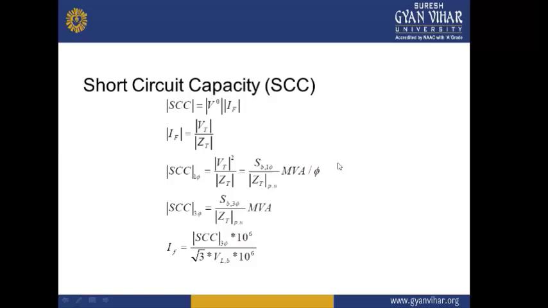Usually, the short circuit capacity is defined by the manufacturer, and with its help we can identify the fault current. Therefore, the fault current would be the three-phase short circuit capacity in MVA upon root 3 into VLB, that is the base line voltage, the line voltage at the base value. In this way, we can easily calculate it.